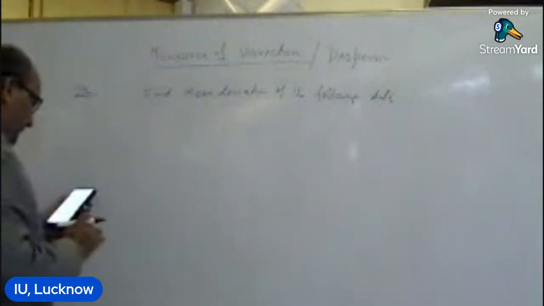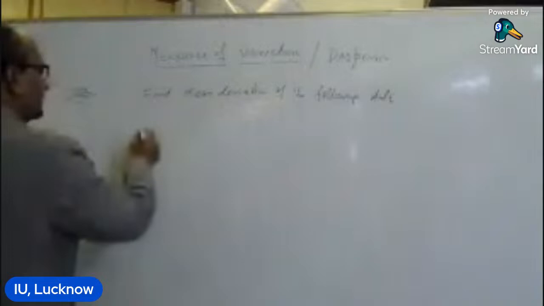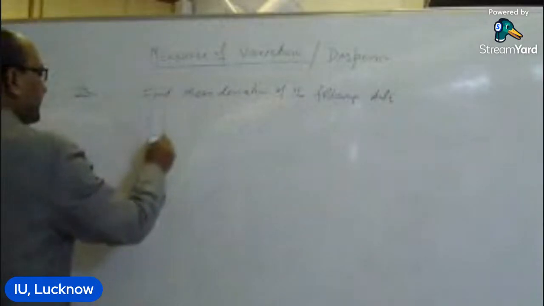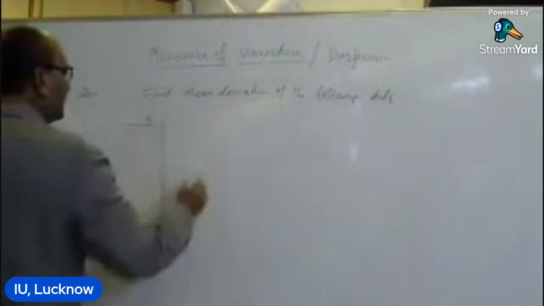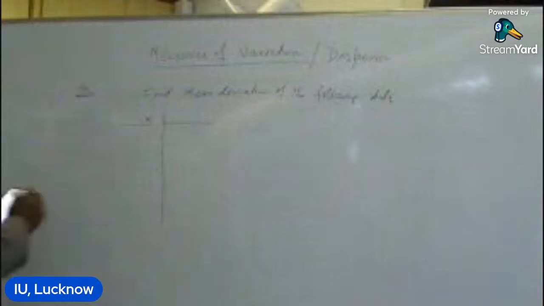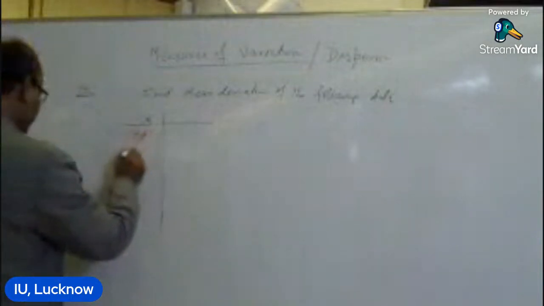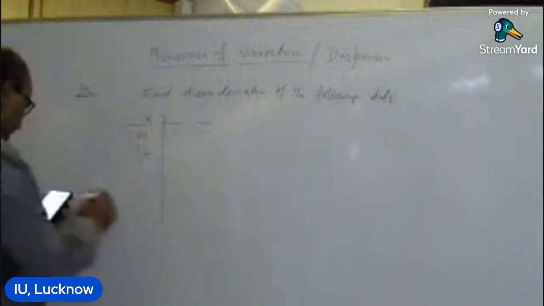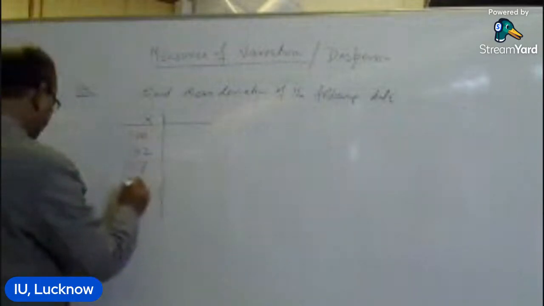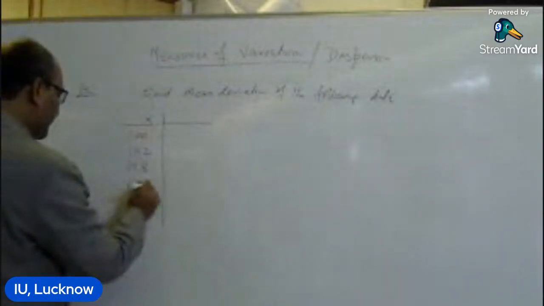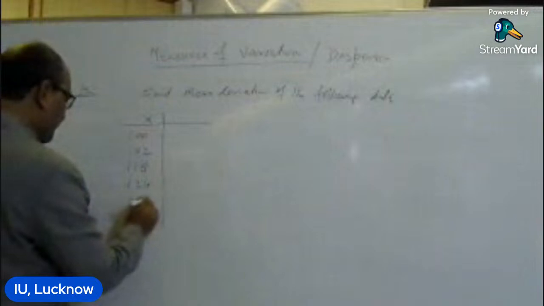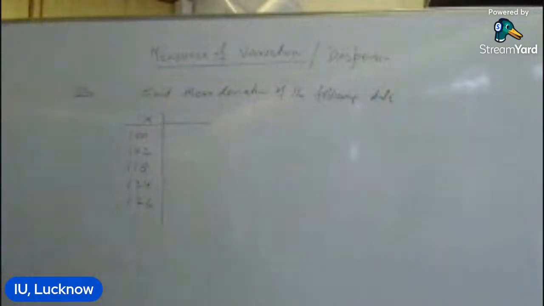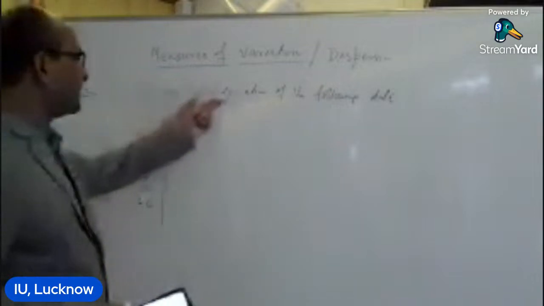We will take the same observations, x: 100, 102, 118, 124 and 126. So it is the same question we are using here.